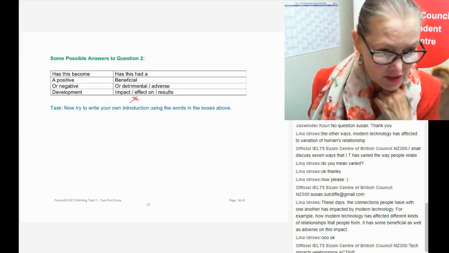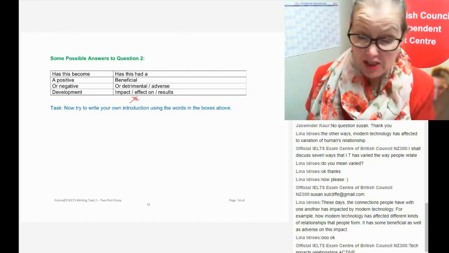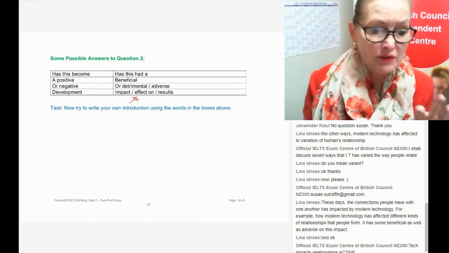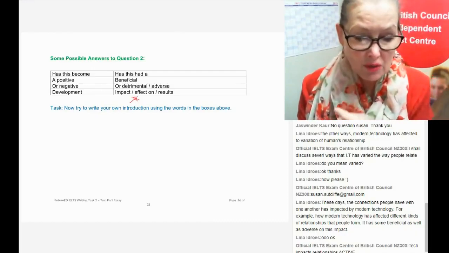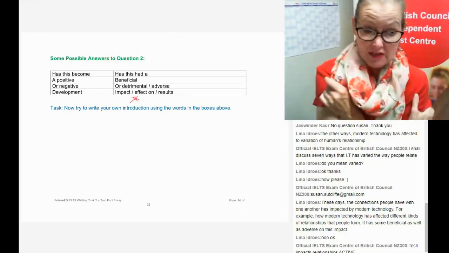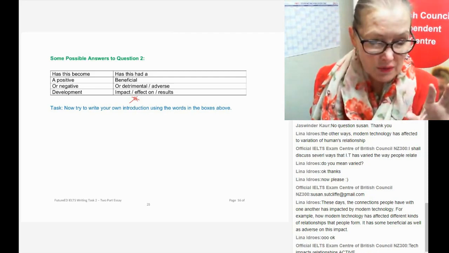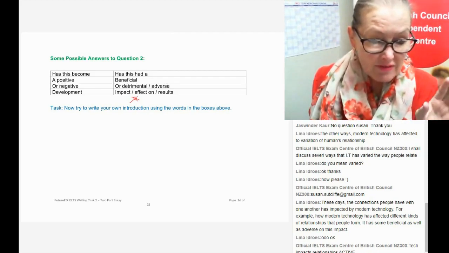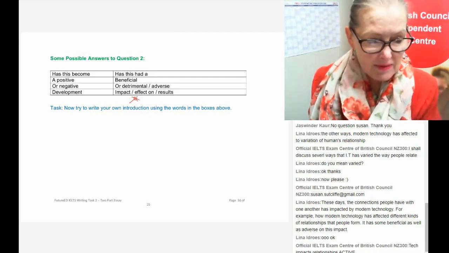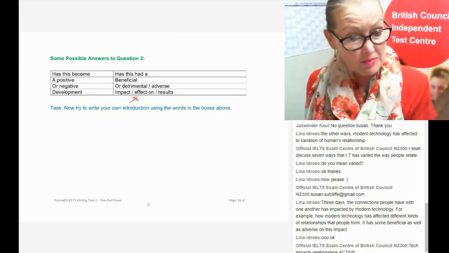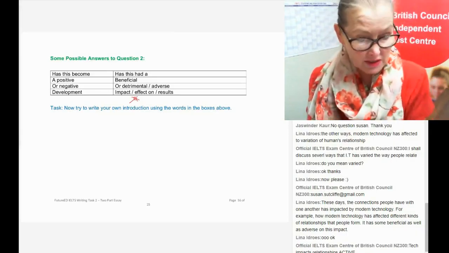Very nice introduction. Just change that subject verb agreement. Watch for that. It's one of the most common mistakes that every student makes. And then you've used have been impacted. So the relationships are impacted. Technology impacts relationships. Active. I'll just put that in the box.